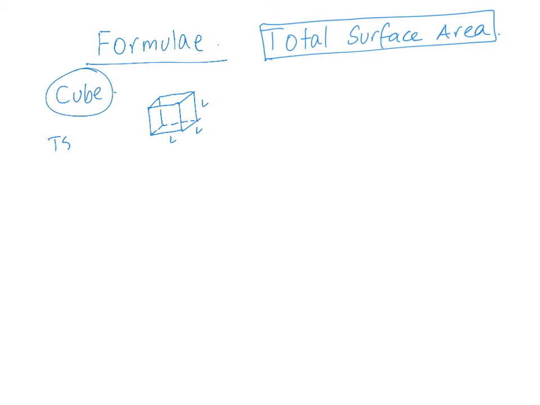So the total surface area is 6L squared. We'll call it TSA. For a rectangular prism.